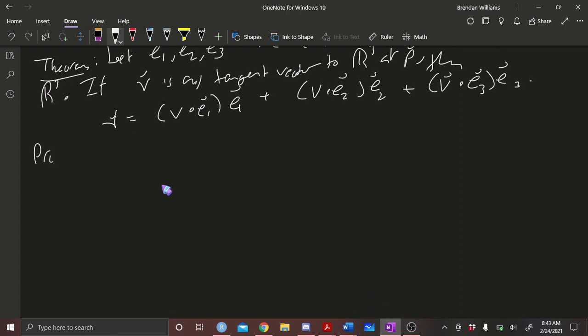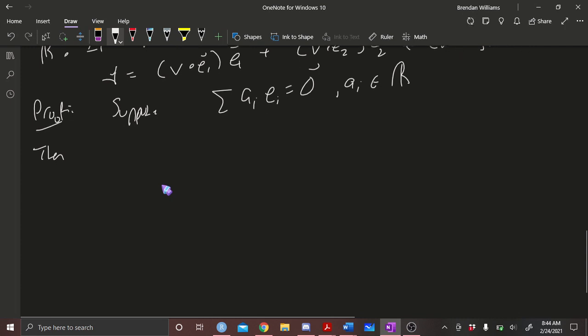For this proof, we want to show that E1, E2, and E3 are linearly independent. Suppose sum a sub i, e sub i is equal to 0, where each a sub i is a real number, so a scalar.